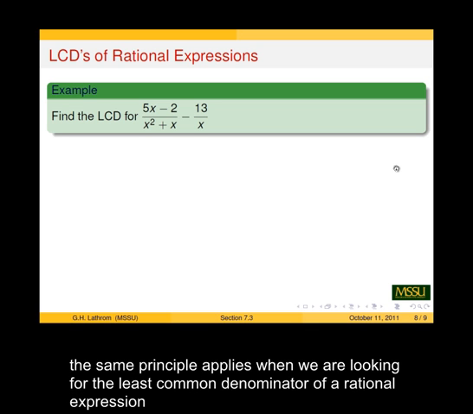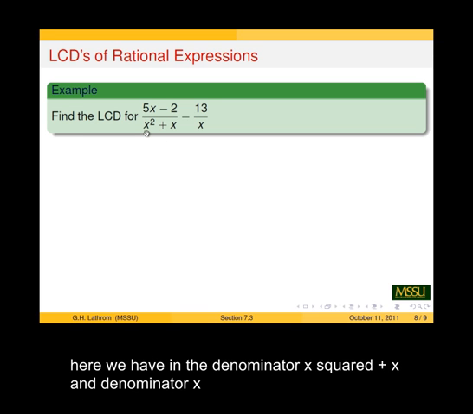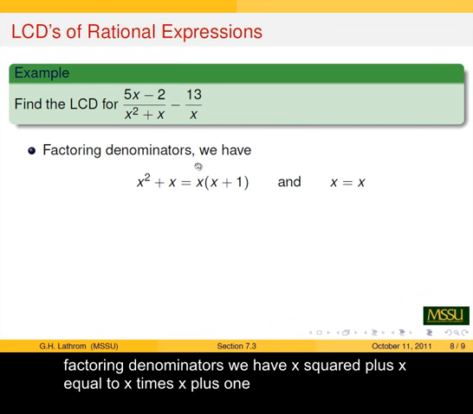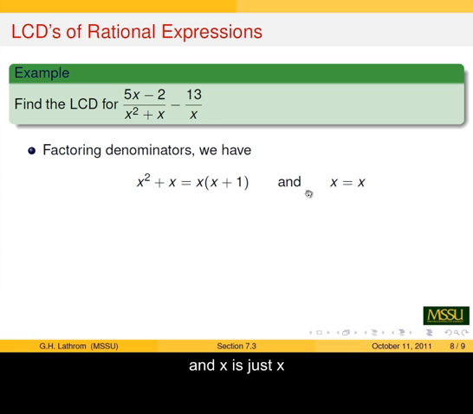The same principle applies when we are looking for the least common denominator of rational expressions. Here we have denominators x squared plus x and a denominator of x. Factoring the denominators, we have x squared plus x equal to x times x plus 1, and x is only x.